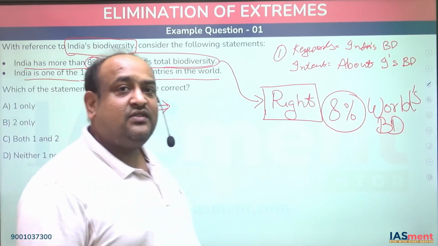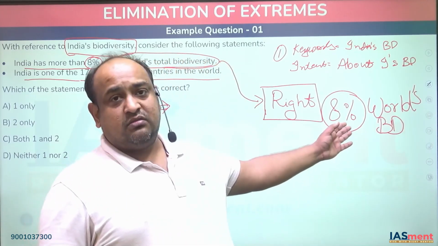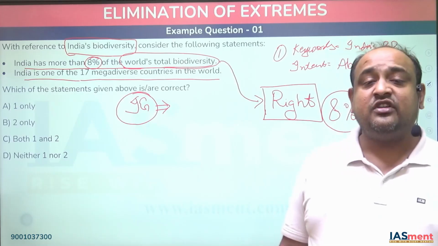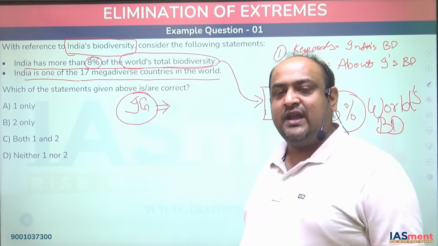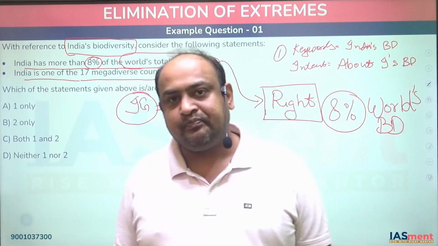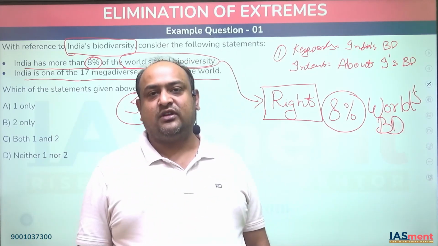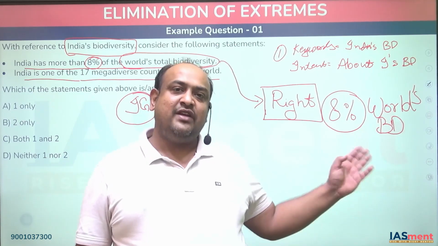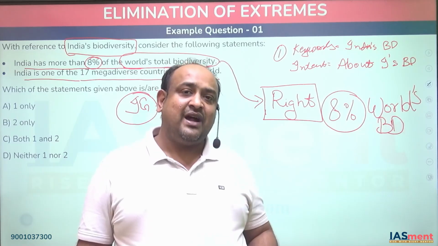If India is very much rich in biodiversity, so yes, it is possible. If a country is so rich in biodiversity, तो डेफिनेटली वर्ल्ड की 8% बायोडाइवर्सिटी तो होगी. जो पॉपुलेशन हमारे पास वर्ल्ड की 17% हो सकती है, when we have 17% of the world's population, then why can't we have 8% of the biodiversity when India is extremely rich in biodiversity?